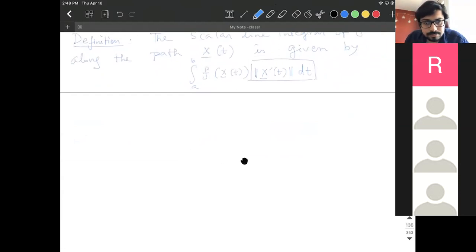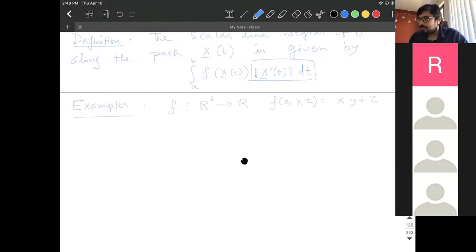Okay, so let's put this in some examples. First, some easy ones. So f from R3 to R, f(x, y, z) equals xy plus z.